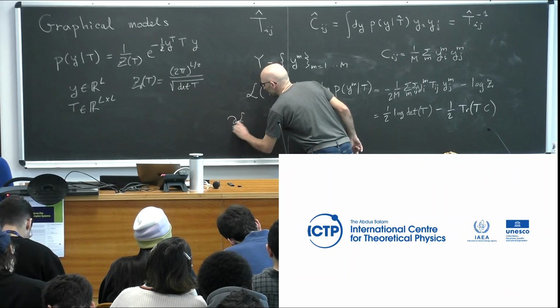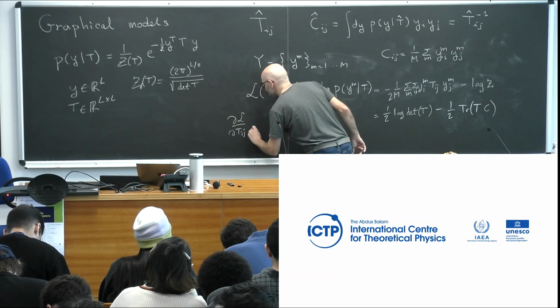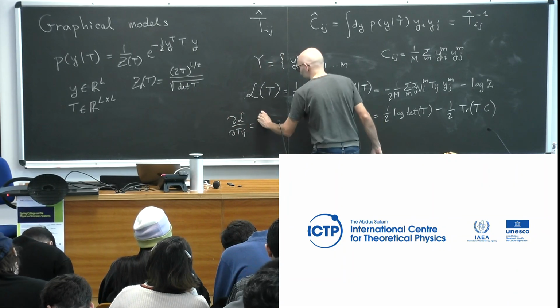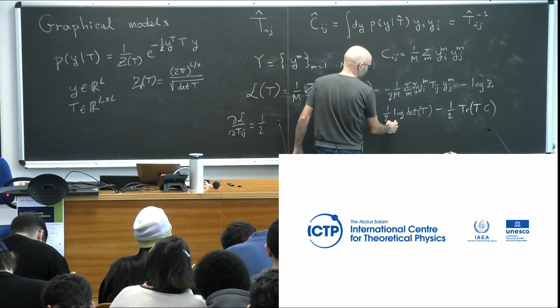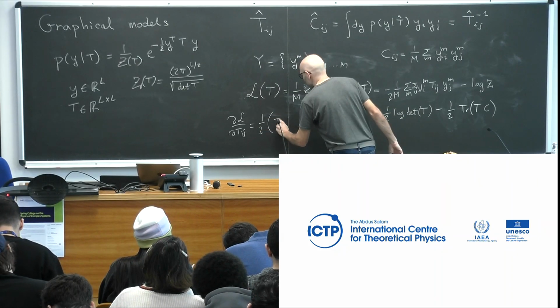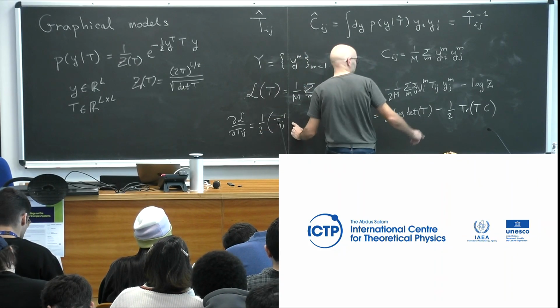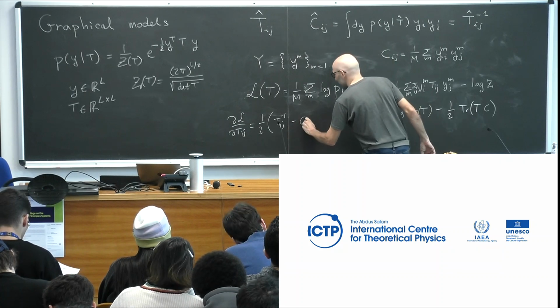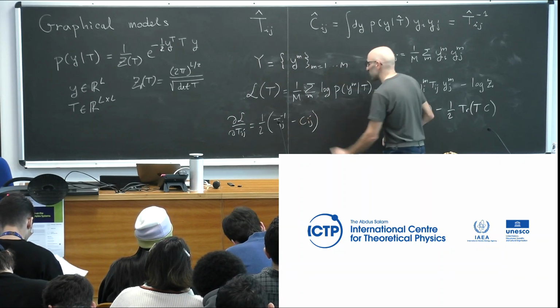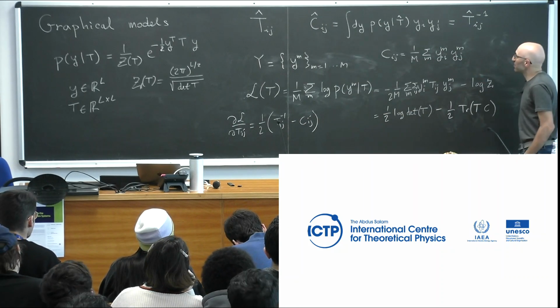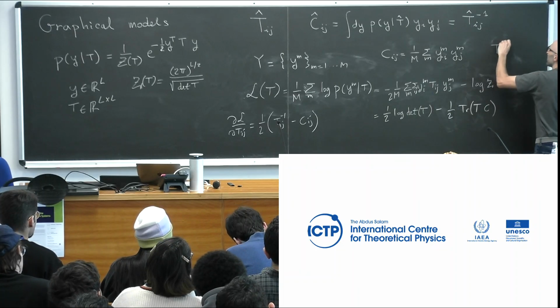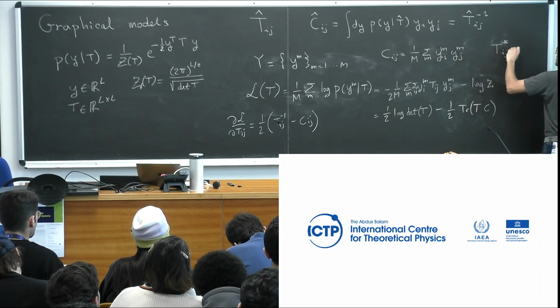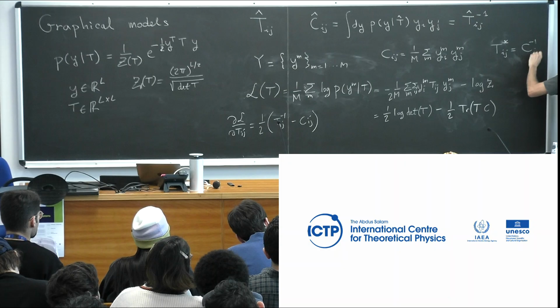When you take the derivative, you use this formula that I didn't prove, that the derivative of log det T is the inverse of T. And here you get just minus C. So our estimator is going to be T star_ij equal to C^-1_ij.